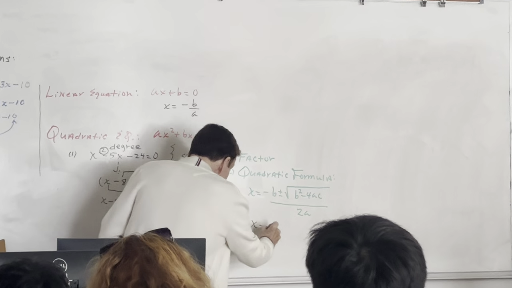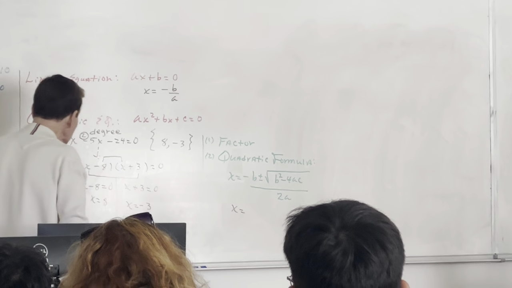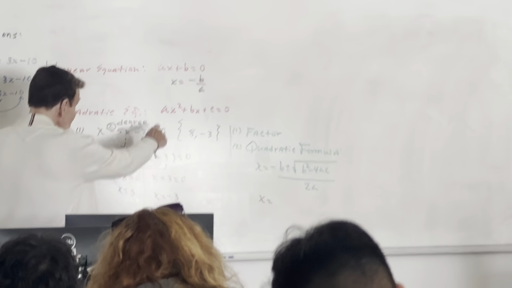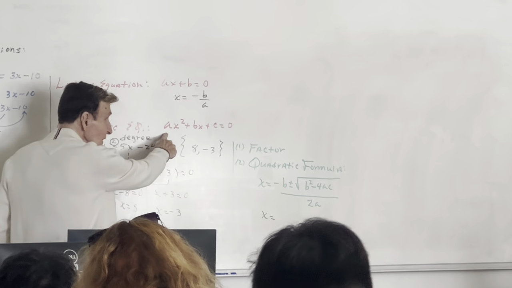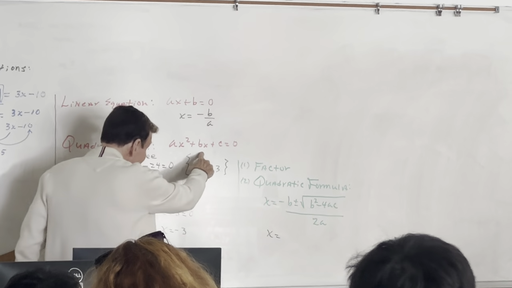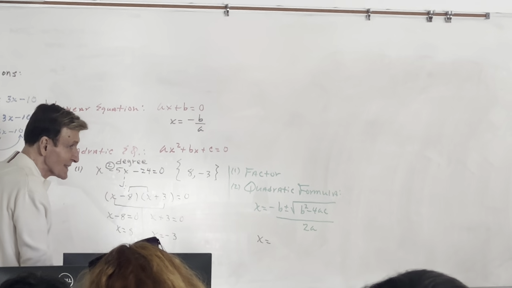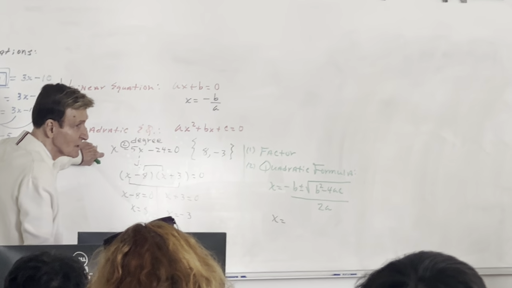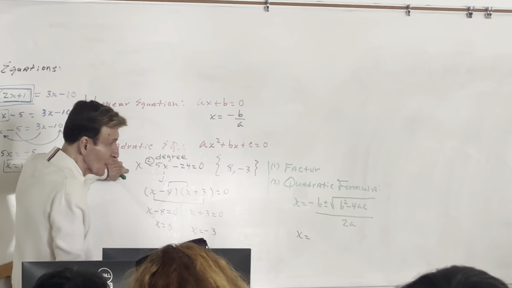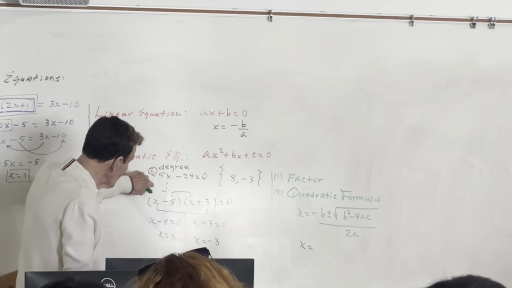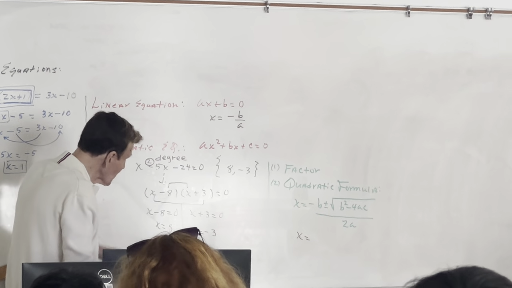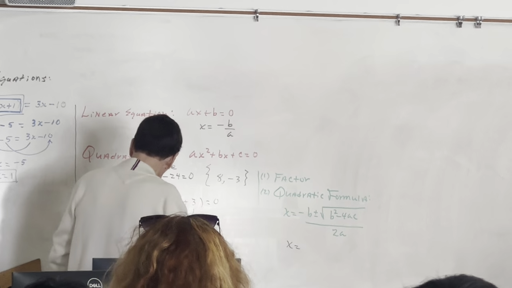X is equal to, now I need to identify the a, b, and c. Well, a should be the coefficient of the x squared, b the coefficient of the x, and c for constant is my constant. My a is 1 in this case, so it should be a 1. b is -5, c is -24. If I'm careful and put that in, it may look a little awkward, but here goes.